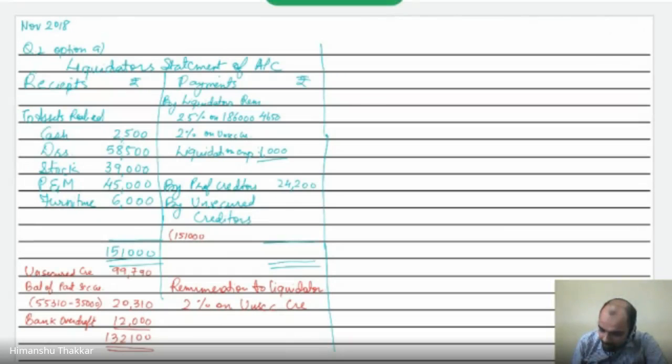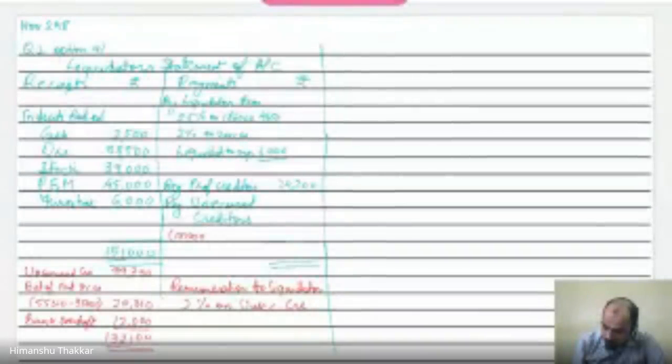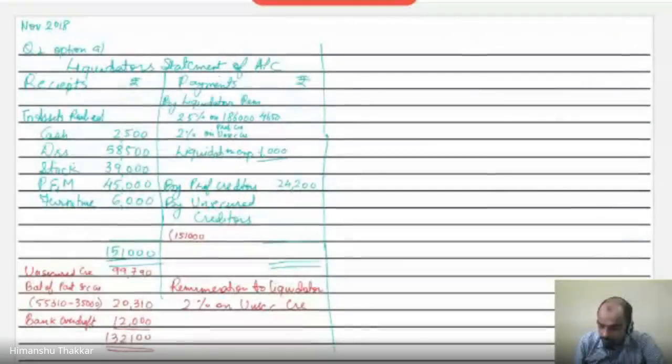We have paid two preferential creditors. So 2% of preferential creditors, 24,200 into 2%, will be 484. Okay.